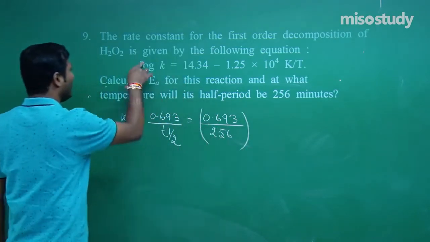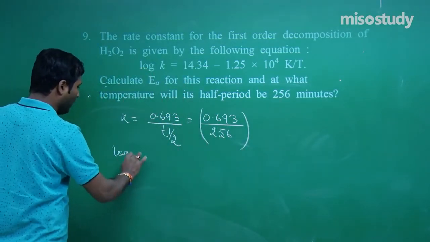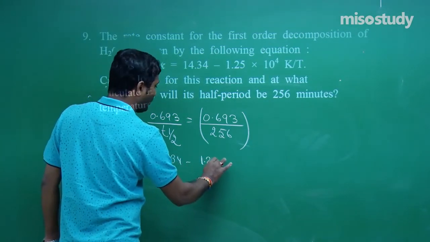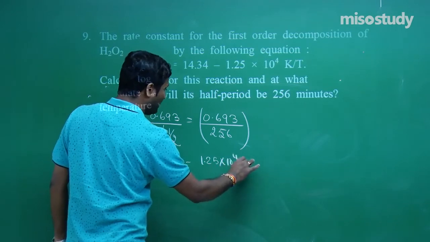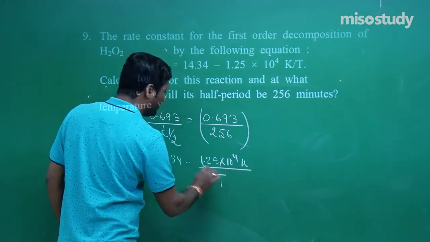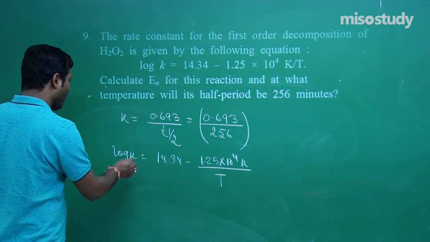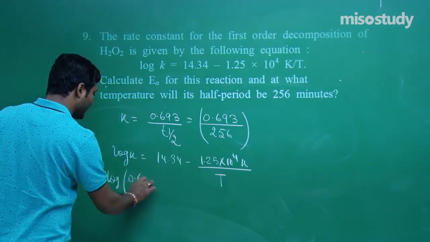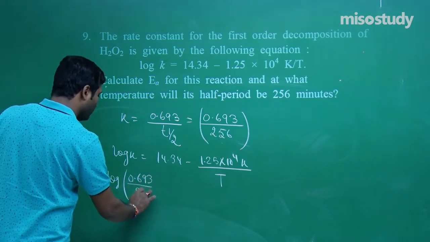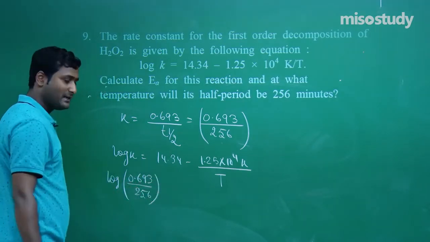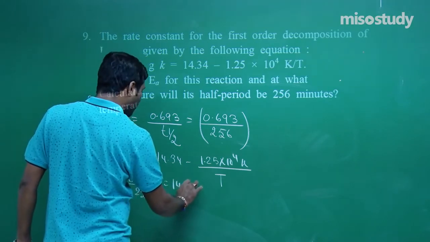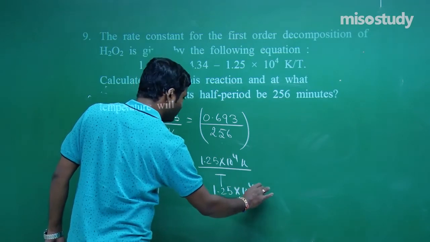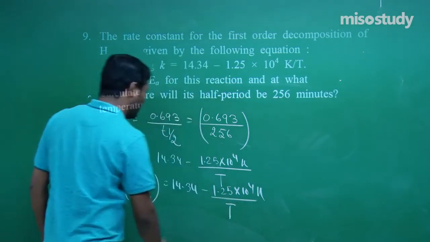Clear? Now, put this value given here: log K is equal to 14.34 minus 1.25 into 10 to the power 4 K upon T. Now, log K, K value put here, log 0.693 upon 256. Am I right? Yes, sir. Is equal to 14.34 minus 1.25 into 10 to the power 4 K divided by T.